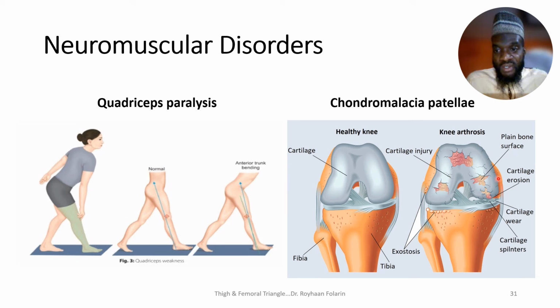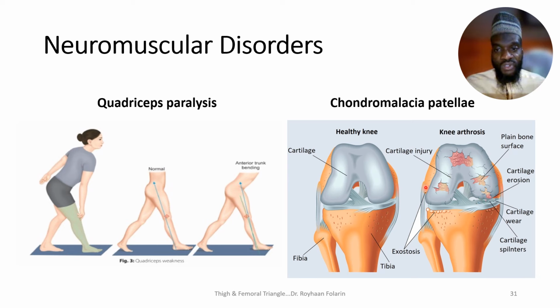You can see the plain surface of the bone is here because the cartilage has eroded. So you see cartilage erosion here, and then the cartilage wear has happened. Cartilage splinter is referring to this fragment that has detached from its original position. Okay, and this is typically due to degeneration of those cartilages.